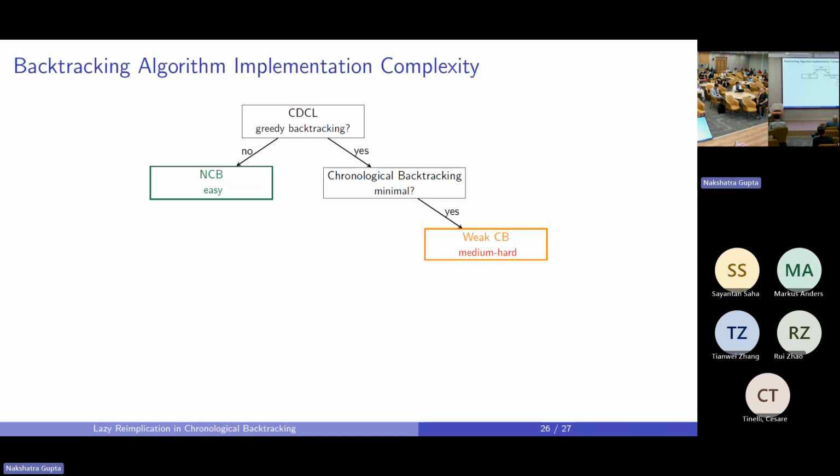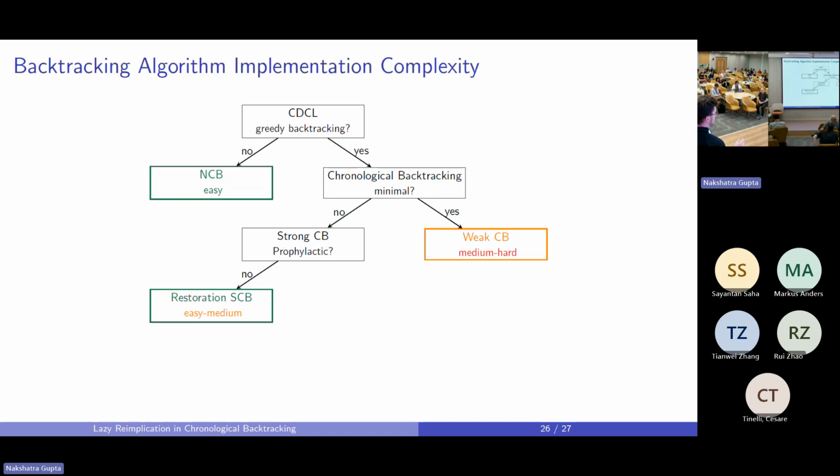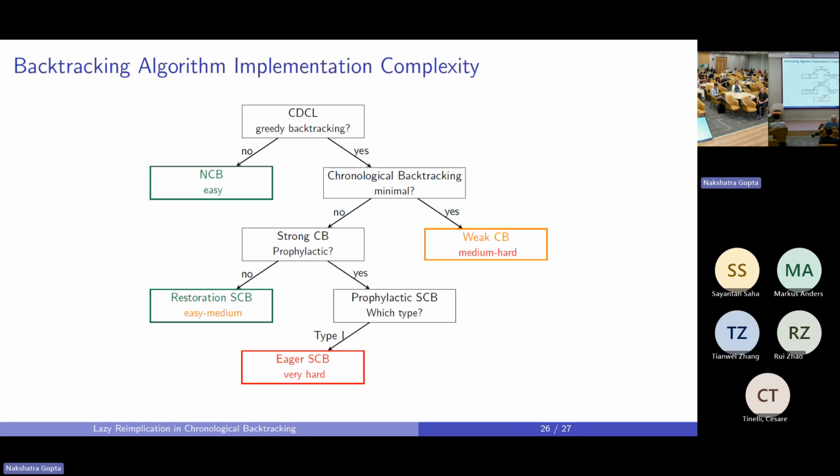So it is pretty easy to implement, but I marked it as medium hard because since you have very weak invariants, all the machinery that runs around it is more complicated. If you do the restoration, strong chronological backtracking is basically the same implementation, but you push back the propagation head and you get better guarantees. Or you want to go for the very strong guarantees and go with the eager reimplication or our work, which is a little bit easier to write.